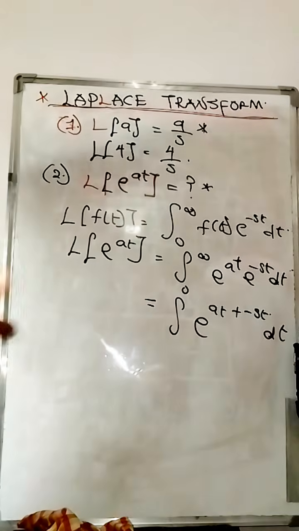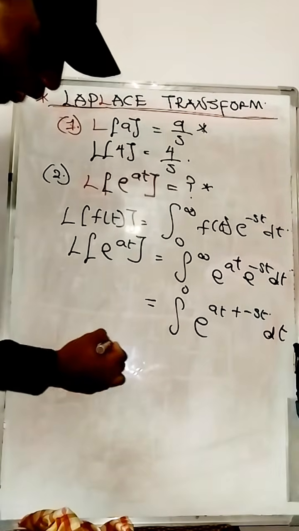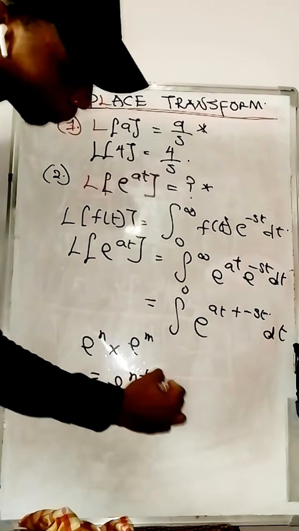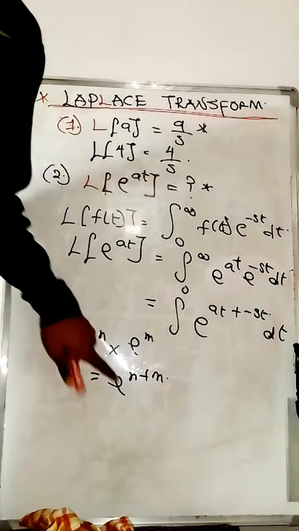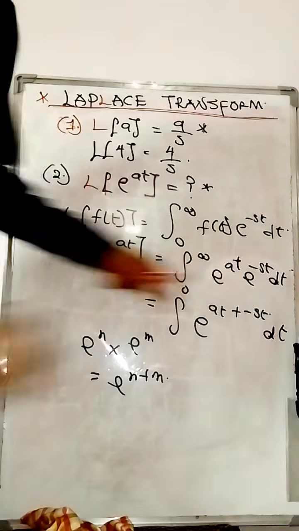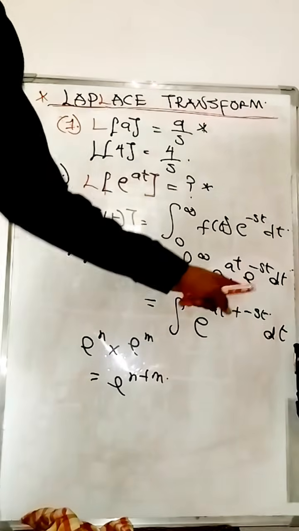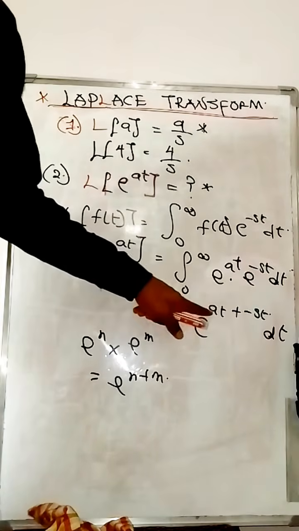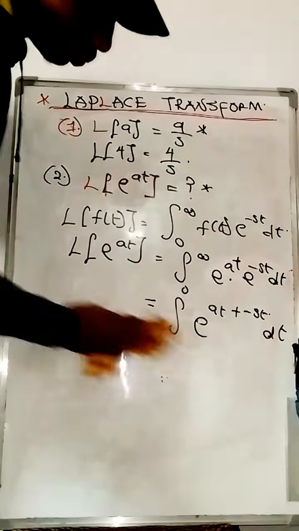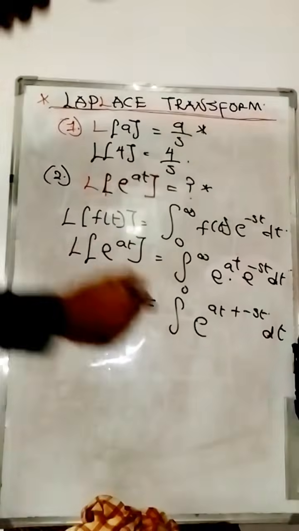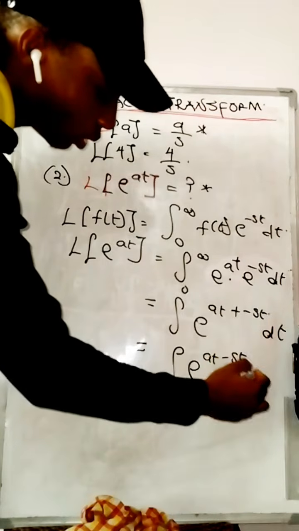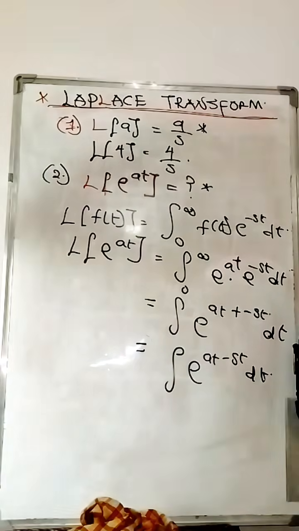This is the rule of indices, which says that the exponential of n times the exponential of m is basically the exponential of n plus m. So the exponential of at, times the exponential of minus st, is basically the exponential of at plus minus st. Given this, we can write this as the integral of the exponential of at minus st dt.